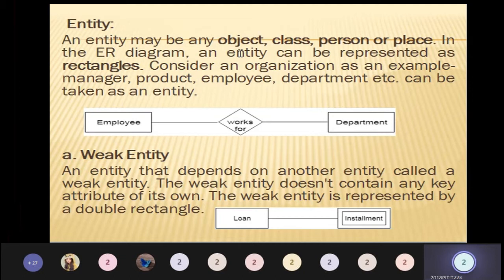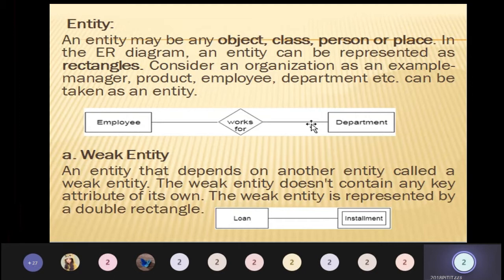So the entity is represented by a rectangular box. Our first entity is the employee, which is represented by one rectangular box. Another entity is the department.